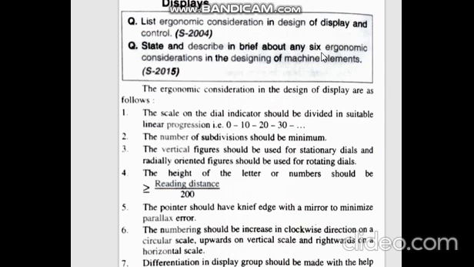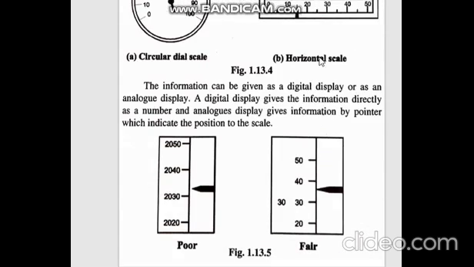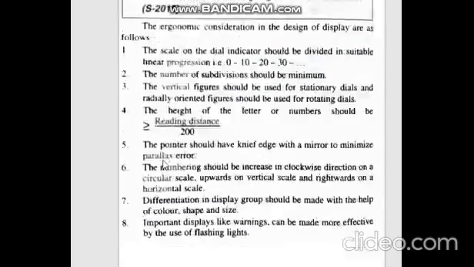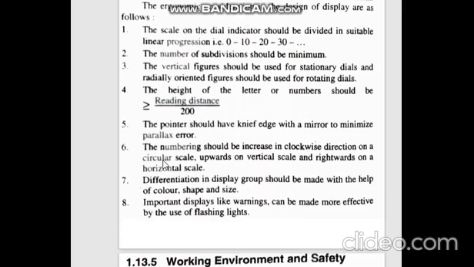You see, here we have seen, on a vertical scale, numbers are increasing from down as you go up. And here also, in the circular scale, how the numbers are. You won't put 0 here and then come like this in the counterclockwise direction. In the clockwise direction, you put the readings, the numbers. Okay.